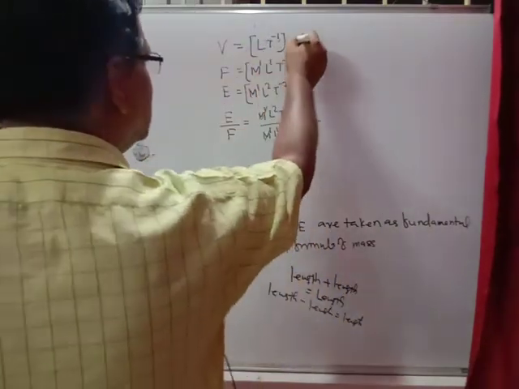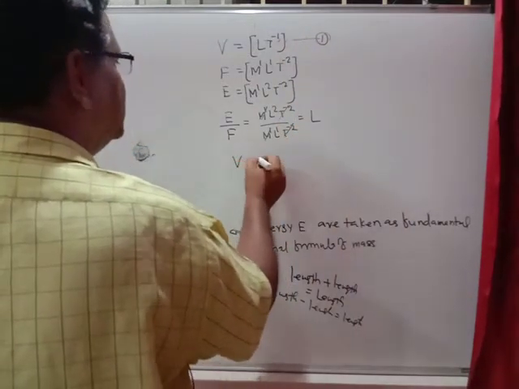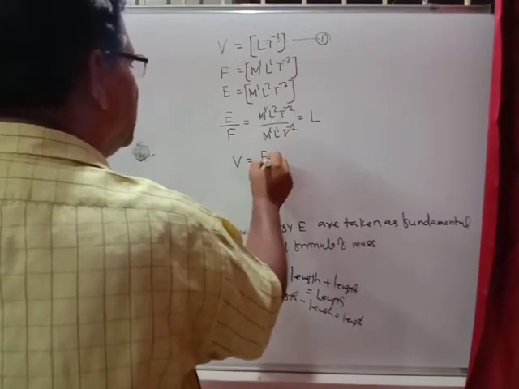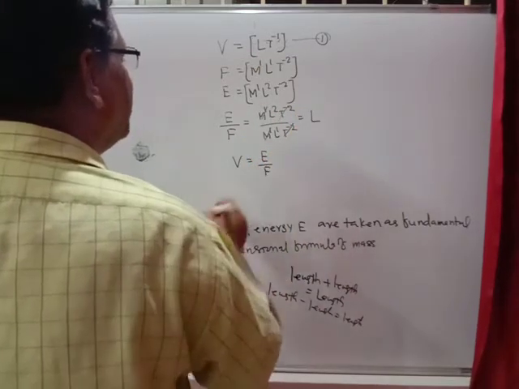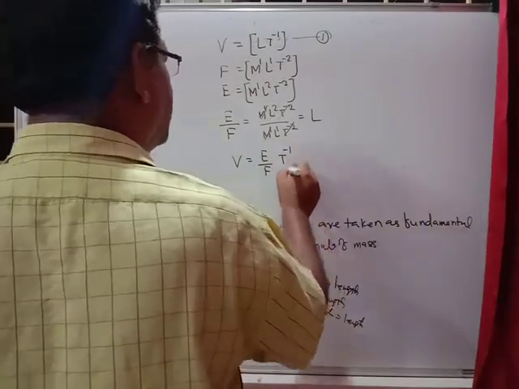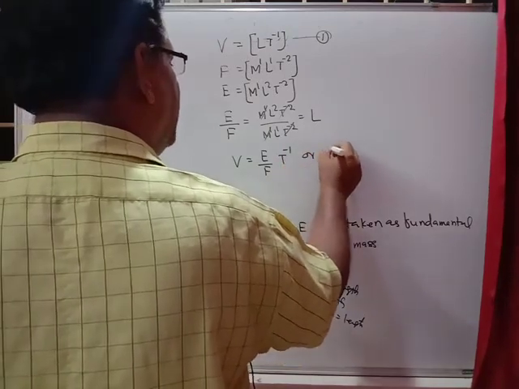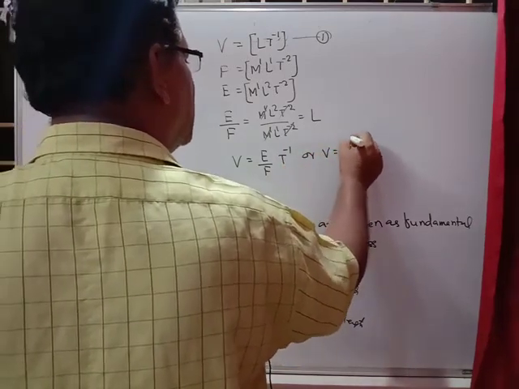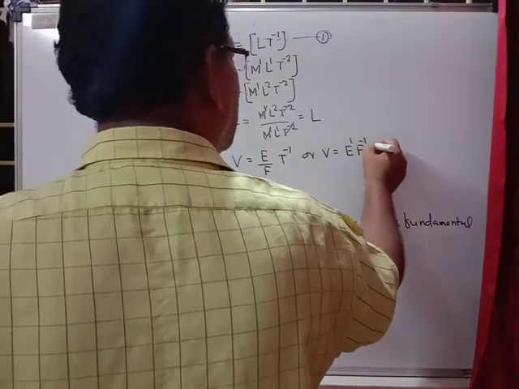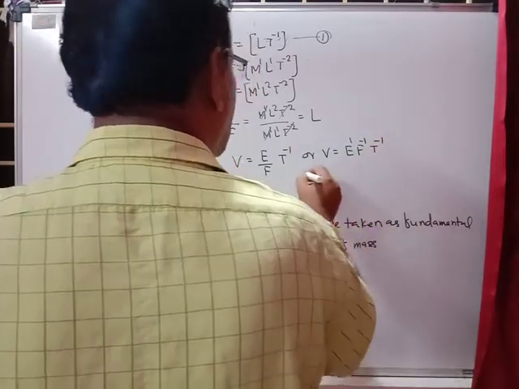From equation 1, V equal to L T^-1. In place of L you put E upon F, so V equal to E^1 F^-1 T^-1.